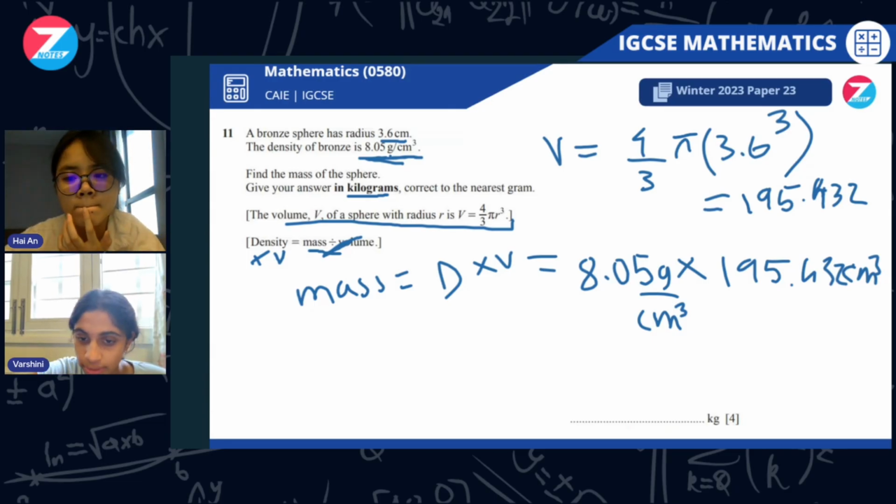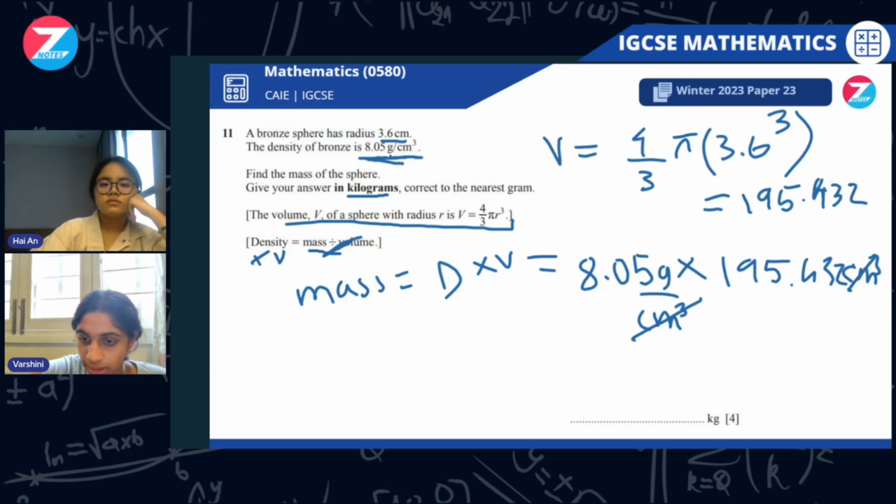So when we multiply these, the centimeter cube and the centimeter cube are going to cancel out, and it's going to give us our value in grams.